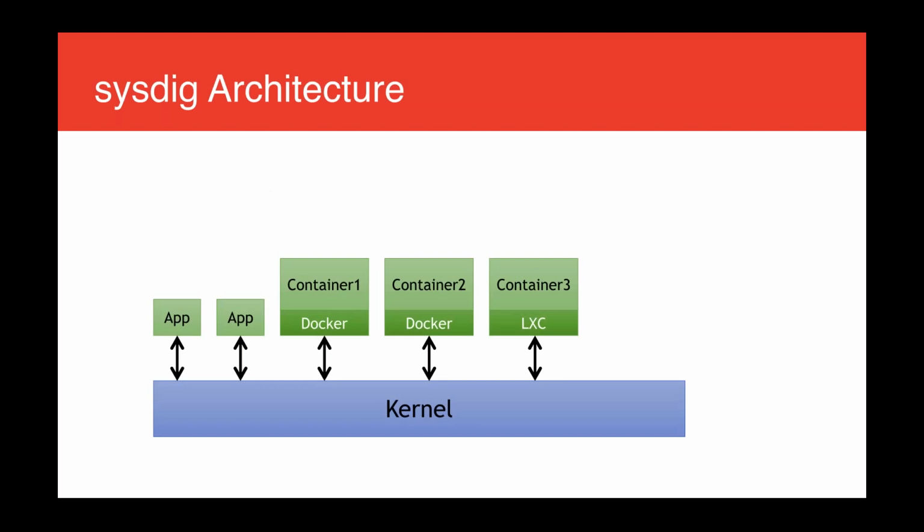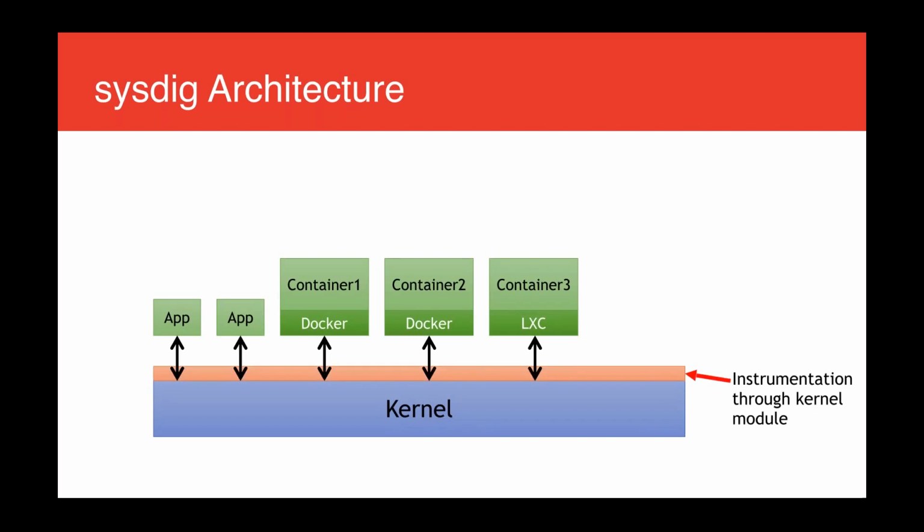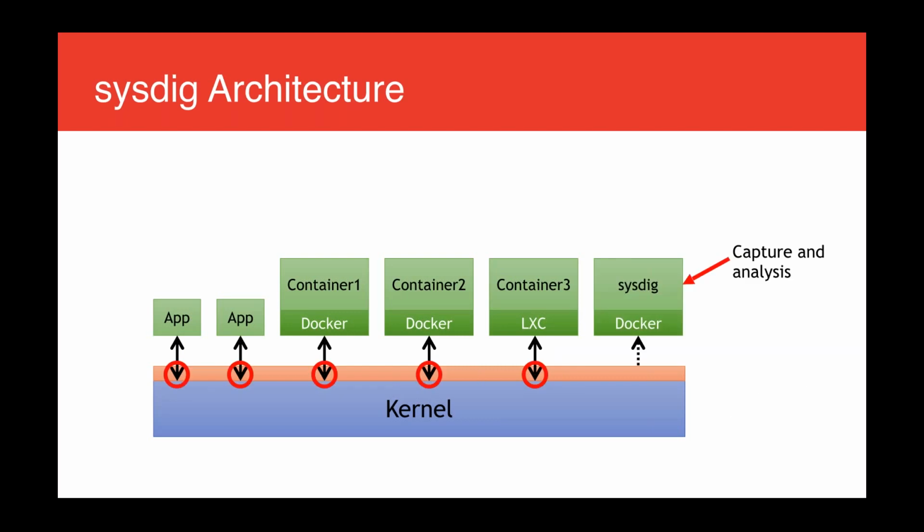But regardless of where they are running, all these applications will interact the same way with the kernel, which is through the system call API. And Sysdig leverages this fact essentially by having a little kernel module that intercepts all the system call activities that are going on among all the processes in the system, and then delivers them to the Sysdig user space application that can live natively in the host or in a completely separate, privileged, for example, Docker container in this case.